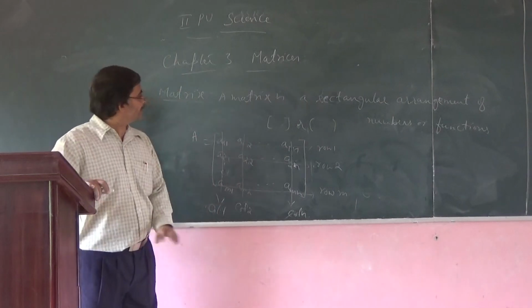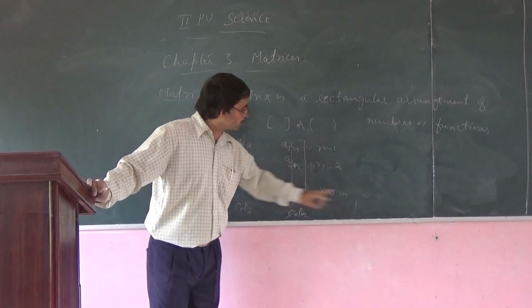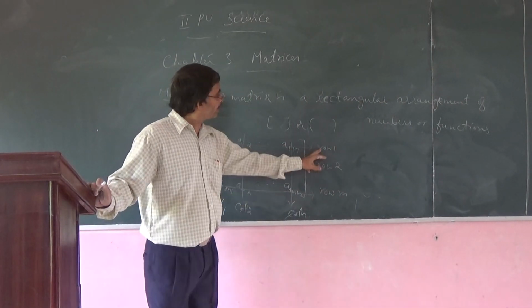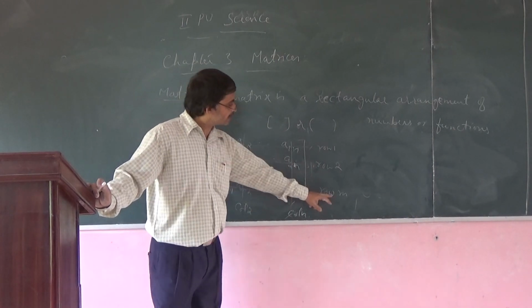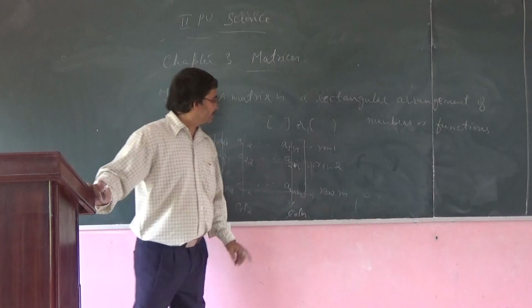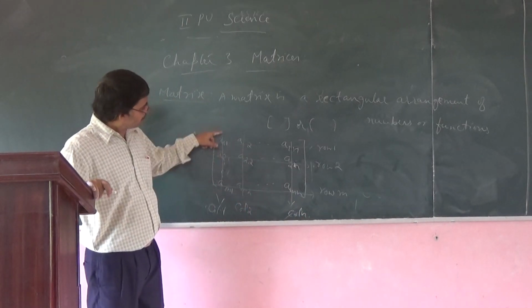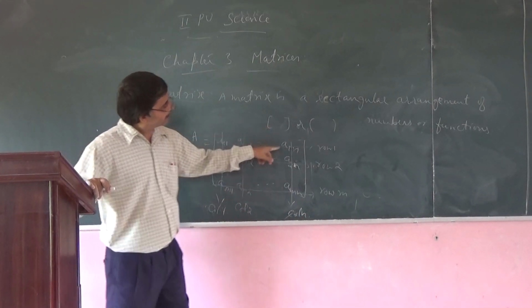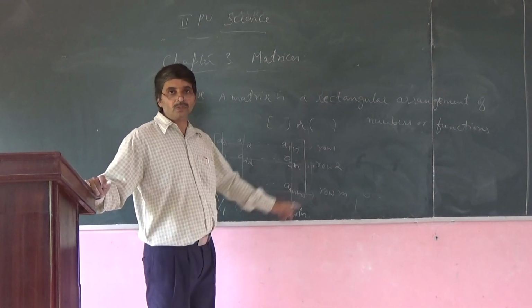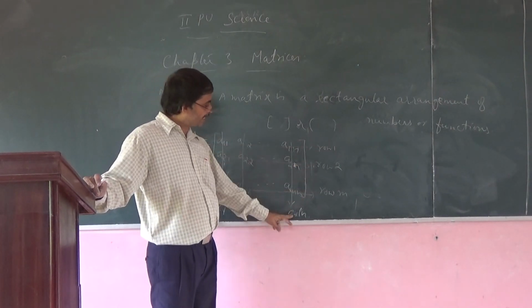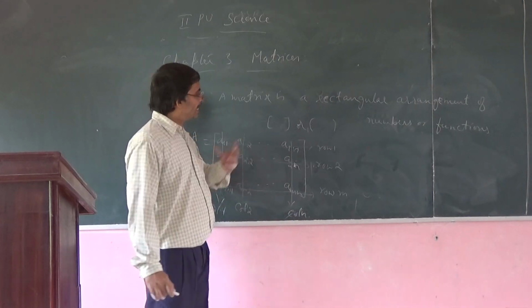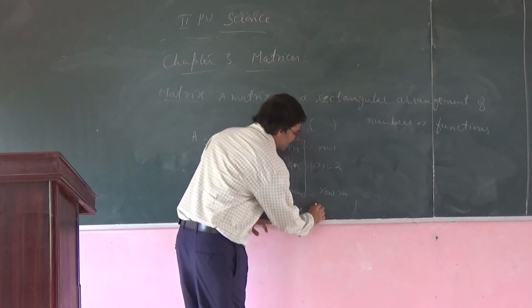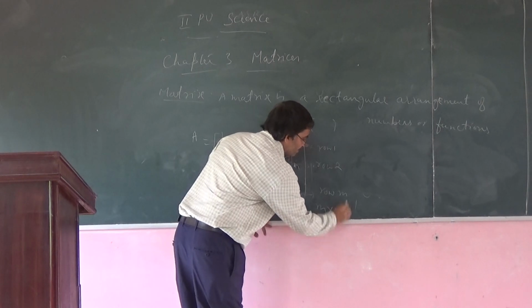You observe here, there are m rows: first row, second row, and so on, this is the mth row. Here, column 1, column 2, and so on, column n. So there are m rows and n columns. We call this an m cross n matrix.